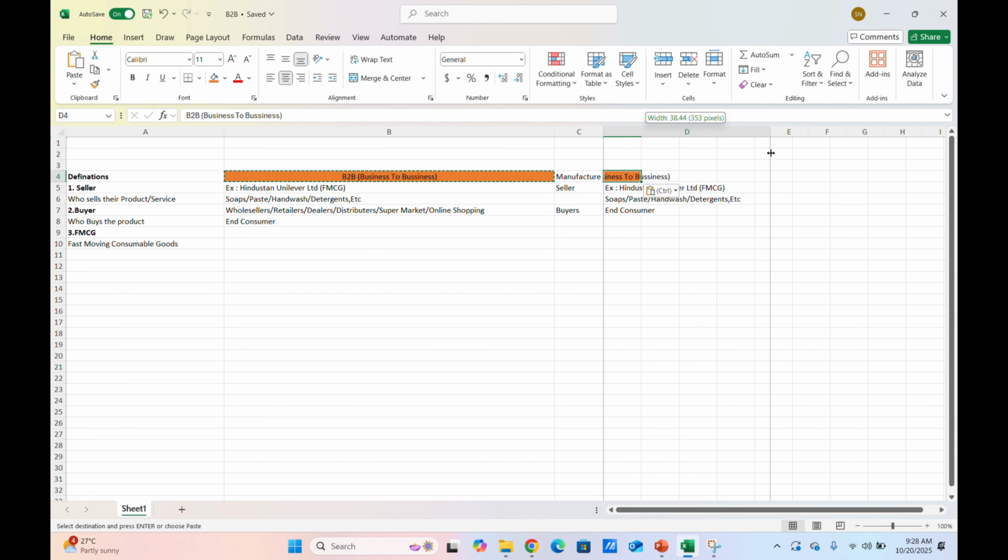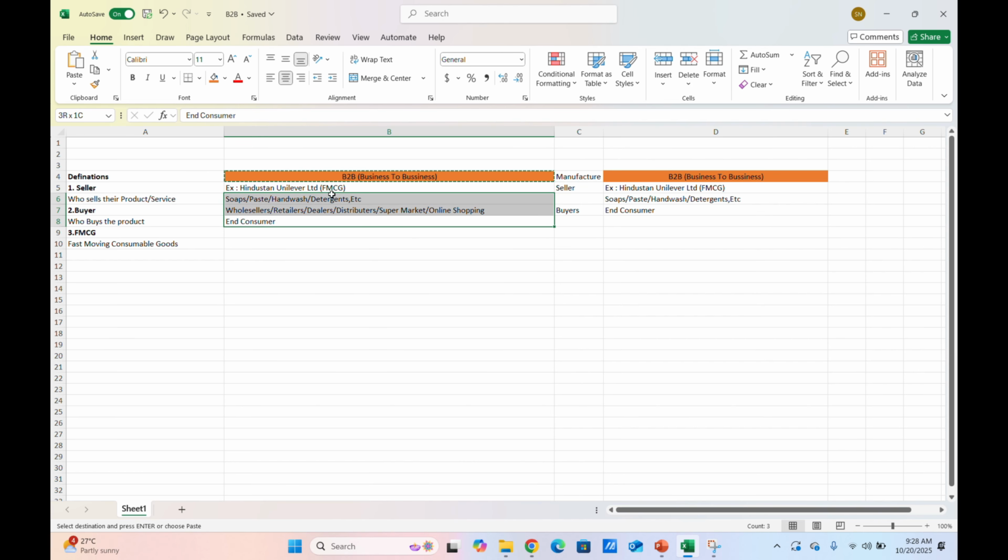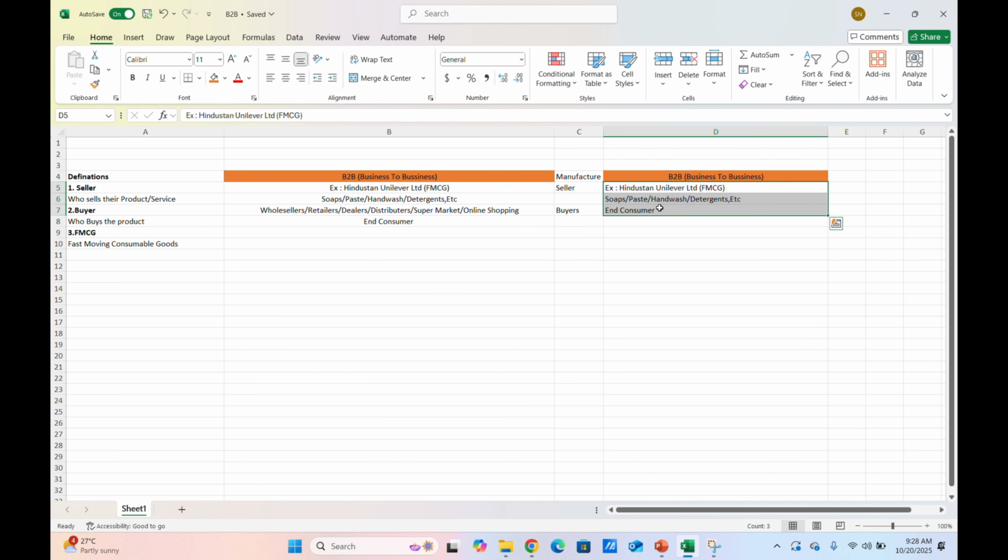Did you understand the concept here, what I'm trying to explain to you? So in this case, it is a B2B process, but does it come the same if they wanted to sell it to the end consumer directly through a shop?